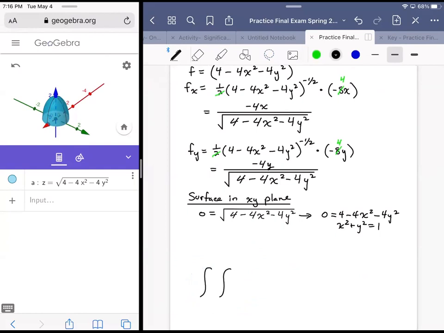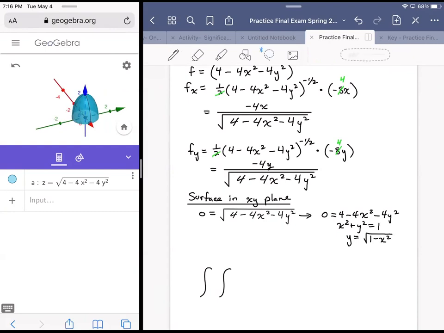If I'm looking down on the XY plane, I only care about, it's the first octant, but really it's the first quadrant in the XY plane. I only care about y equals the square root of 1 minus x squared. So the y values would go from 0 to the square root of 1 minus x squared, and the x values would go from 0 to 1.